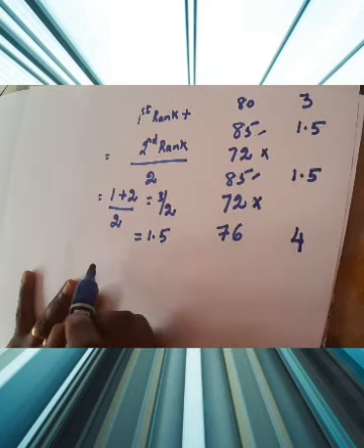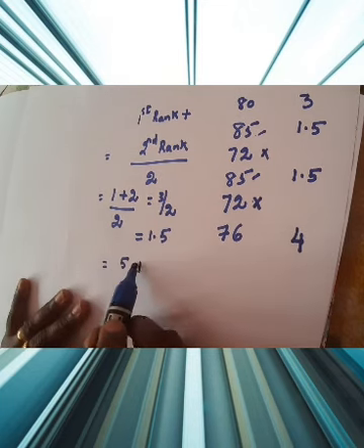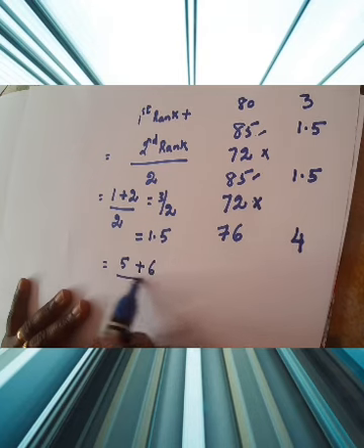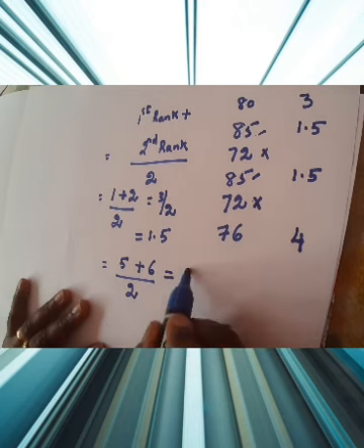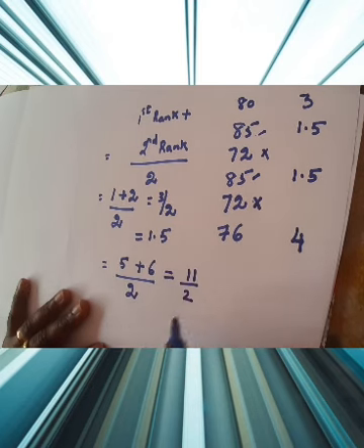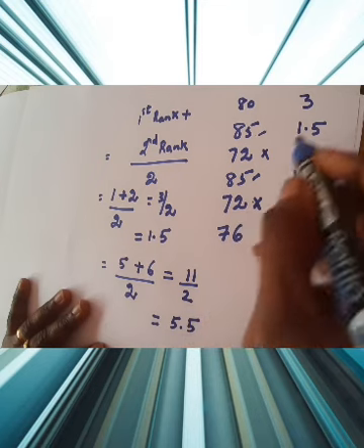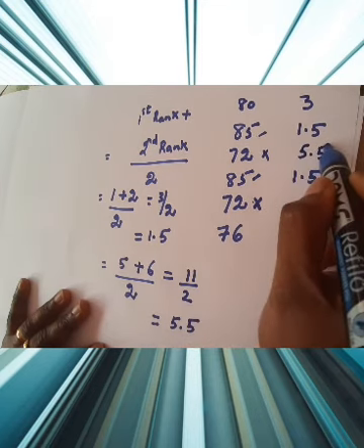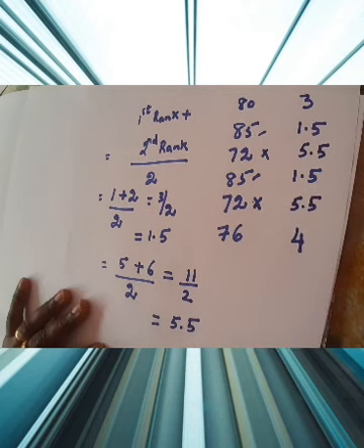Fifth rank plus the next rank, sixth rank, divided by 2, which is 11 by 2, which is equal to 5.5. So these two persons who have scored 72 will get 5.5, 5.5.